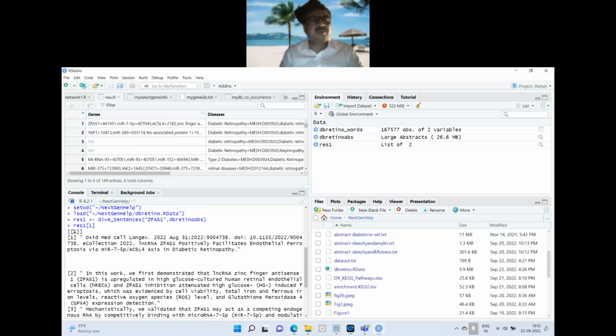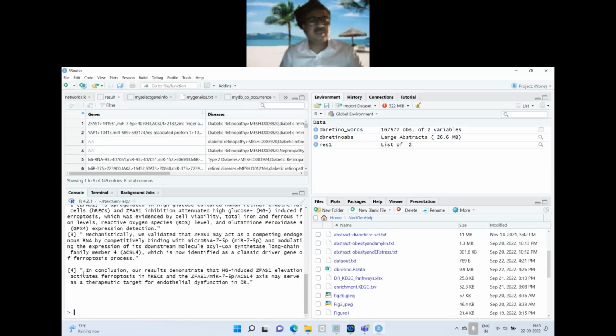In the first element of this list, which is given by double square brackets, there are multiple sentences present. So one element of a list may contain multiple data.